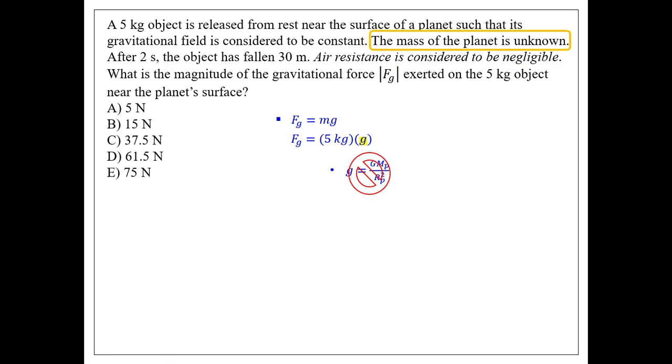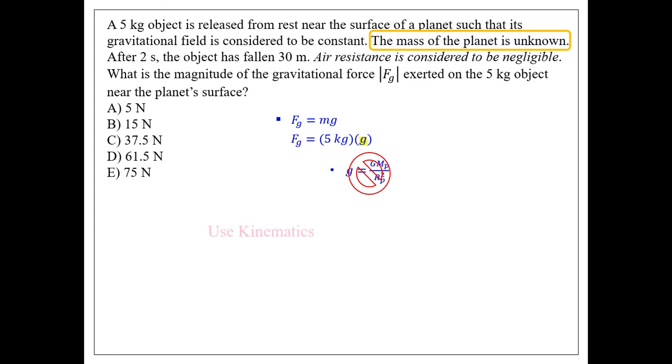So even if you have a function, know if you can use it based on the scenario presented to you. In this particular problem, I will steer away from this function because it says here the mass of the planet is unknown. Well, if you don't know the mass of the planet, how are you supposed to find the acceleration due to gravity at the surface for that particular planet? So even though you can write the function out, it's no good for this particular scenario.